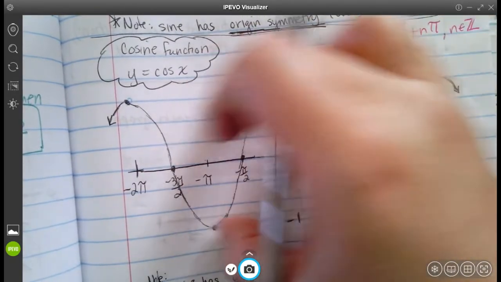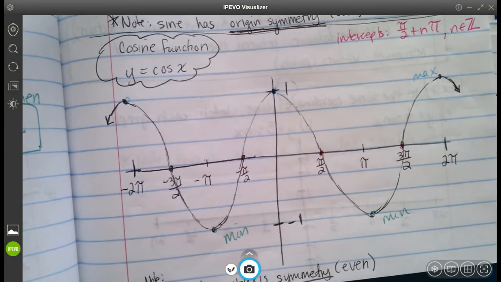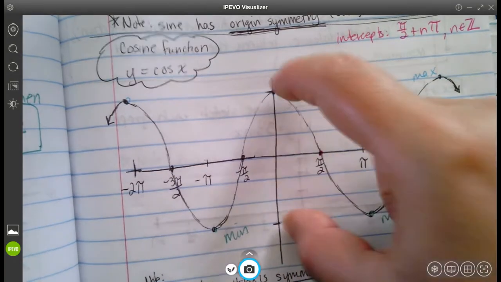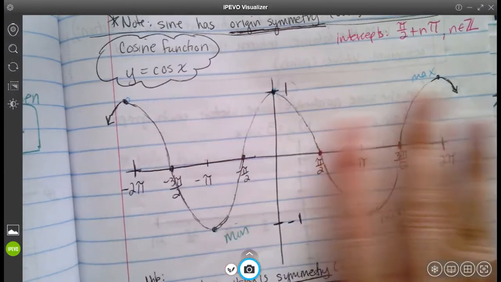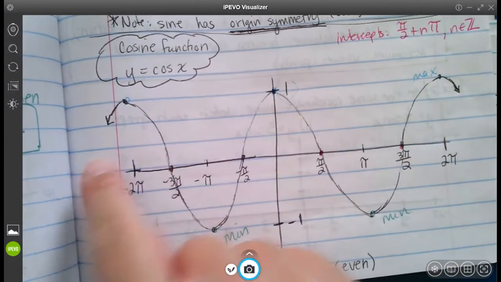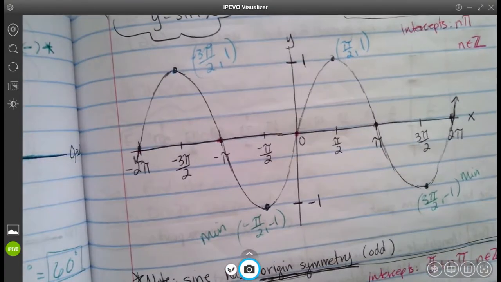That gives us some information about the range of these functions. The range of both of them is between -1 and 1. The domain, on the other hand, is all real numbers because this pattern goes on forever to the right and to the left. Same with the sine function.